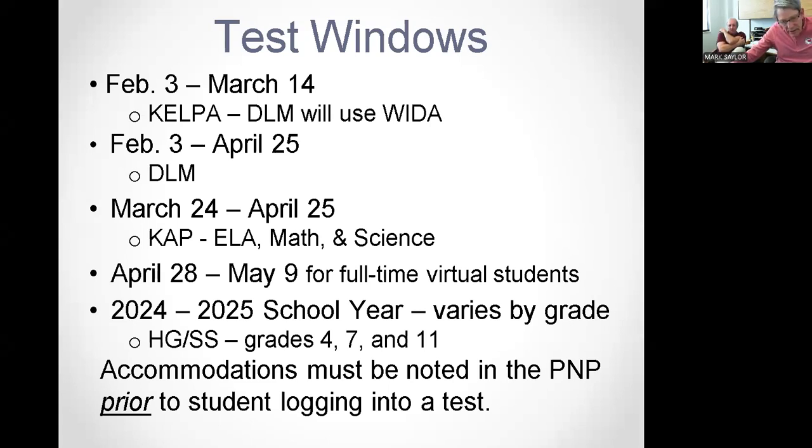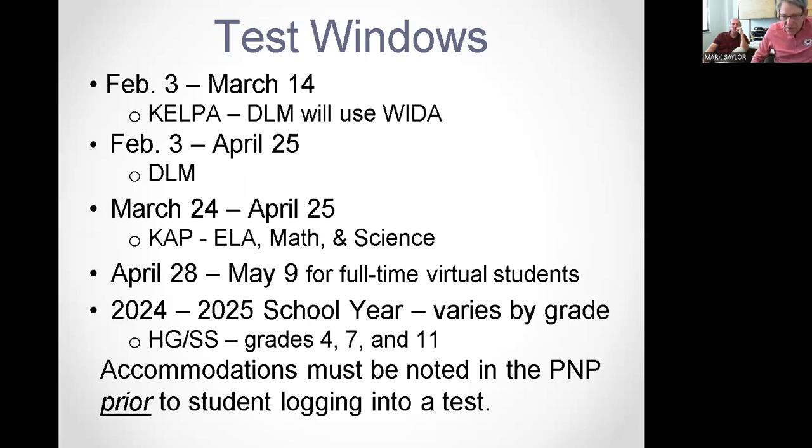April 28th to May 9th is for full-time virtual students. The history, government, social studies test is actually administered by teachers in their classroom, and they'll enter the results on Synergy.